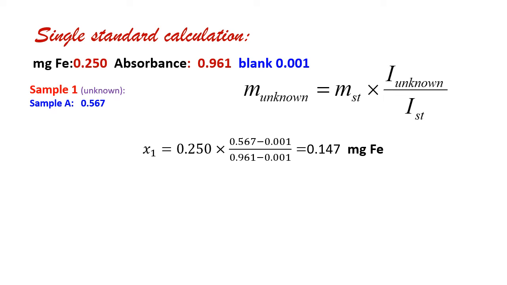So plugging in the numbers, I have 0.250 multiplied by signal of unknown 0.567 minus blank, divided by signal of standard minus blank, 0.961 minus 0.001. I'm getting my result. If I am doing it several times, I will process my results in exactly the same fashion.